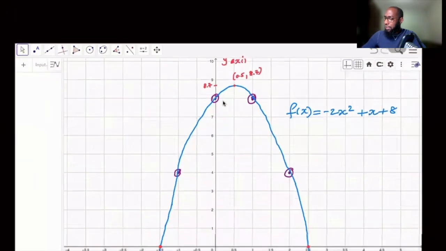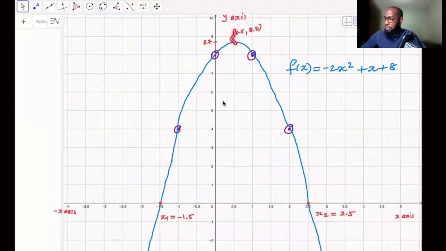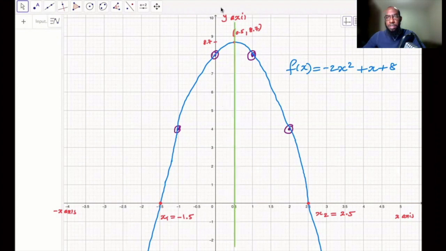This line here represents the axis of symmetry.